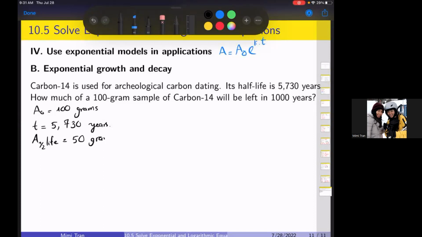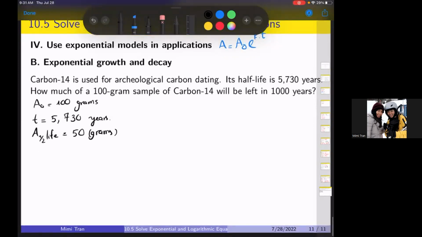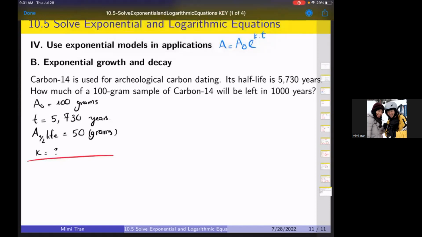Every half-life it's reduced to half of the amount, every 5,730 years. I don't know K, but I need to find what? How much of the 100 gram sample of carbon 14 will be left? So I need A, the final amount, when T is 1,000 years.